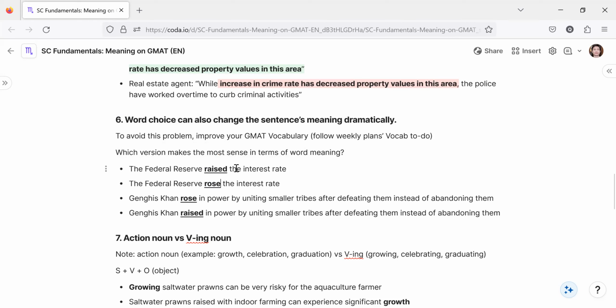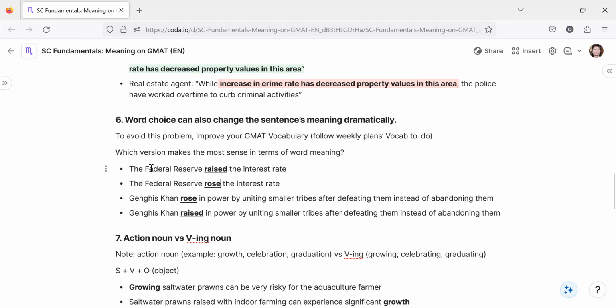So the difference between raise and rise is that raise is, I'd say, an external verb, meaning that something has to raise something else. And rise is an internal verb, meaning that something itself rises and it doesn't act on another thing.